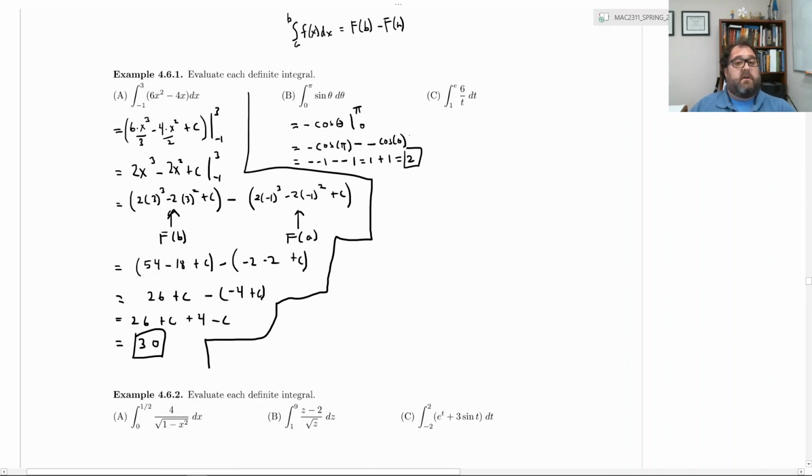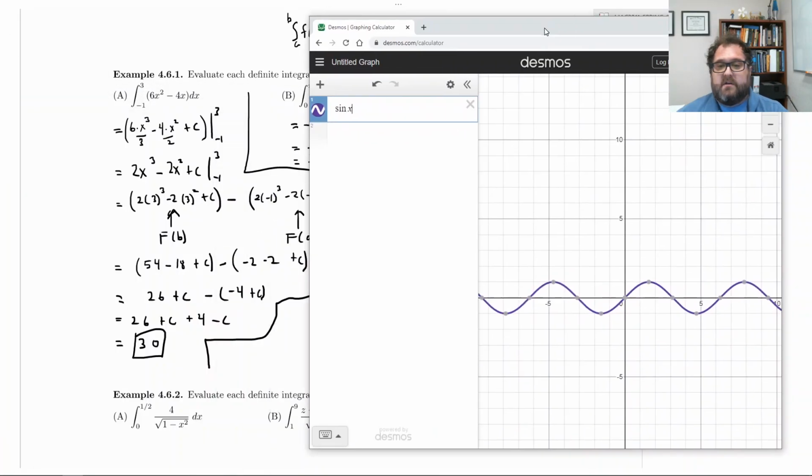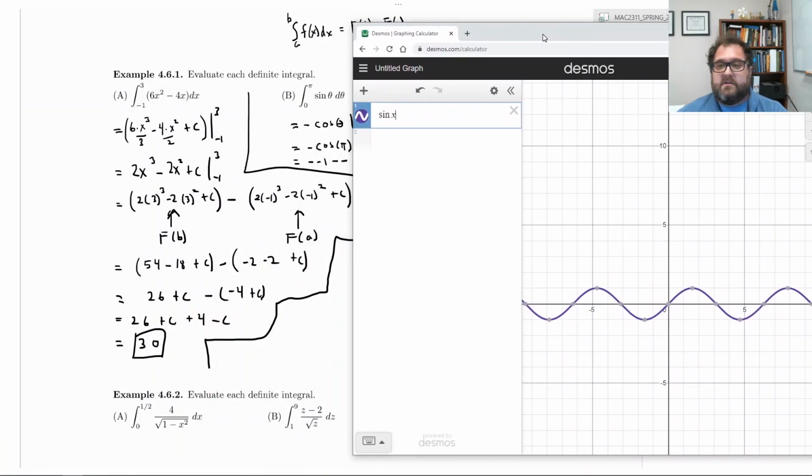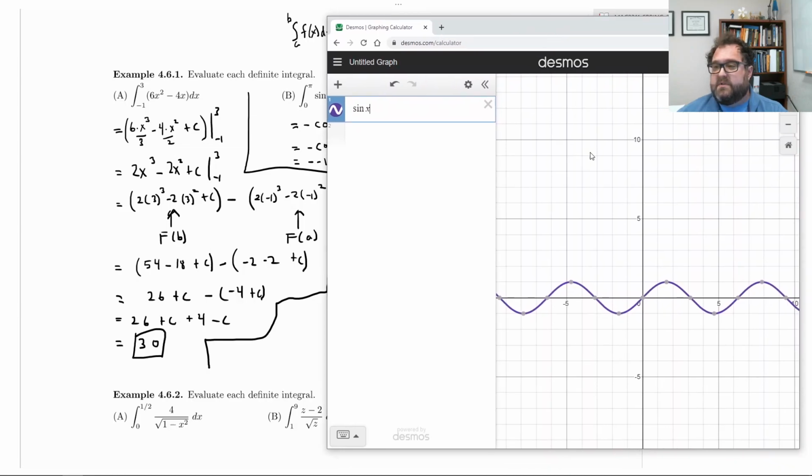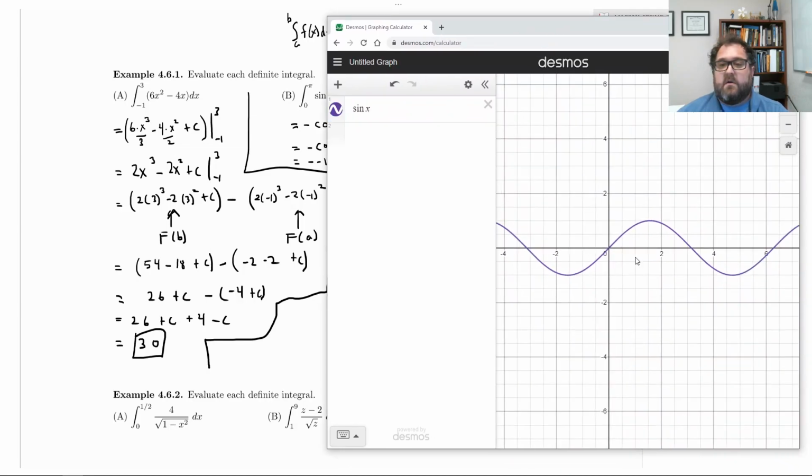So that's interesting. Here, let's look at the graph of that one. Let's get Desmos going. Sine x. So there's sine x. We're all familiar with sine. But we went from 0 to pi, so 0 less than or equal to x less than or equal to pi.